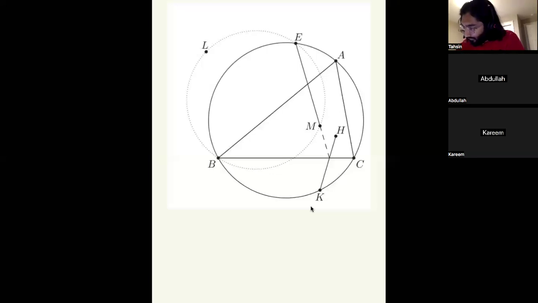There's a lot of information here, so let's list all of it. So you have triangle ABC, and then you have circle gamma, and you have orthocenter H.